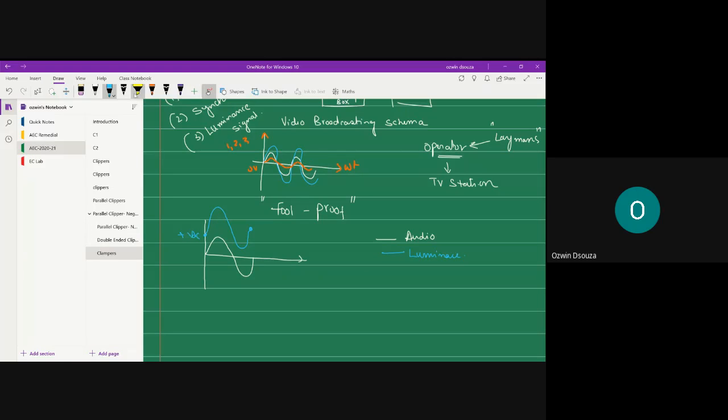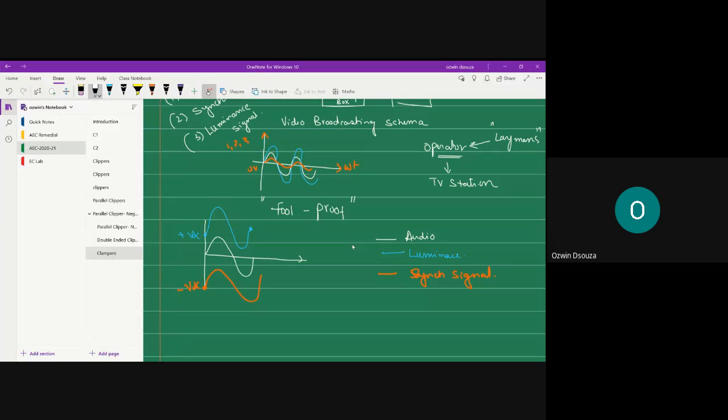Suppose your synchronous signal is being broadcasted at minus VDC level. This is the sync signal. The operator can easily distinguish the three signals.